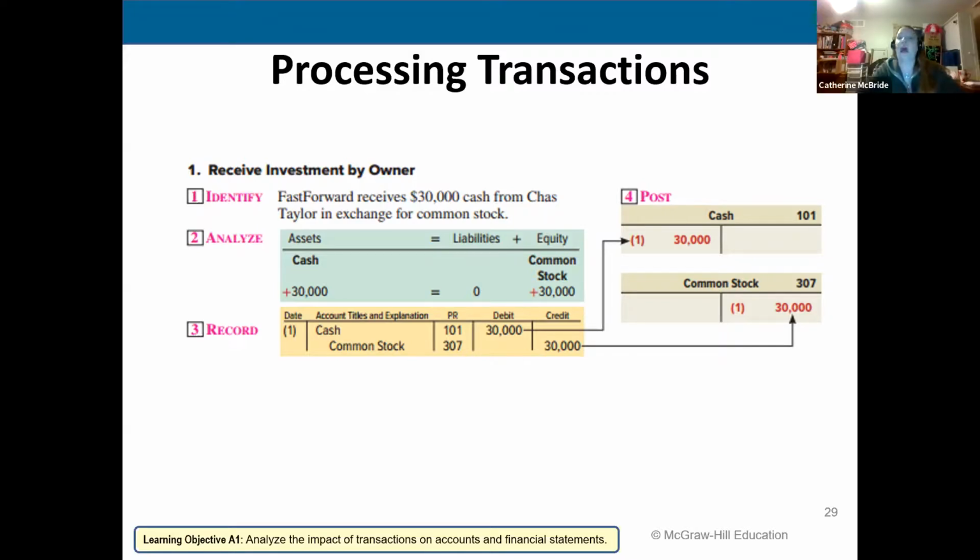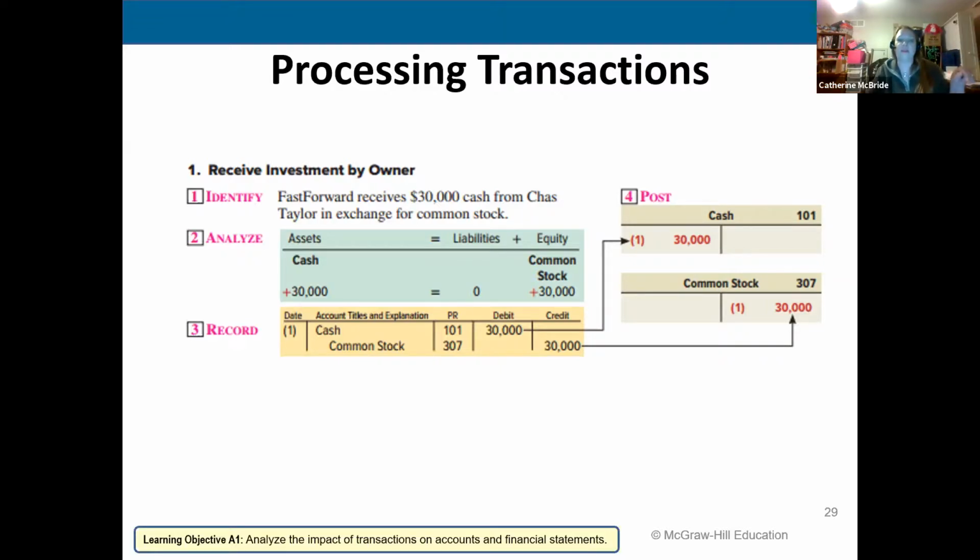All right, now number 5. Do I debit or credit? This is when you now take that sheet that you're looking at, you go back to that resource sheet, and you say, okay, I have an asset that increased. I don't care that it's cash anymore. I have an asset that increased. Do I debit it or credit it?